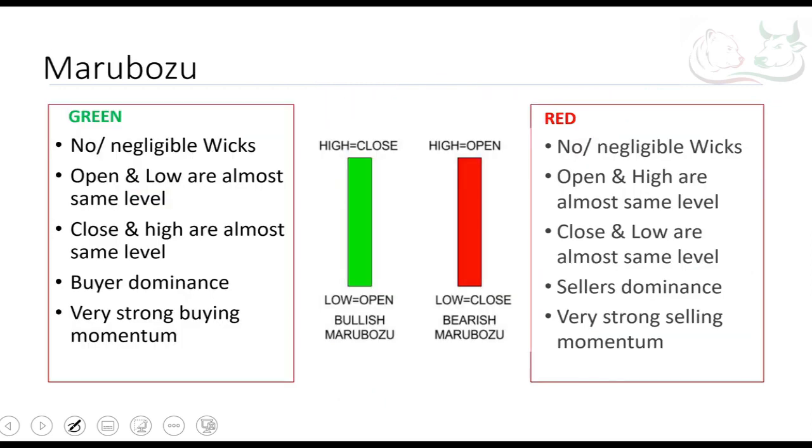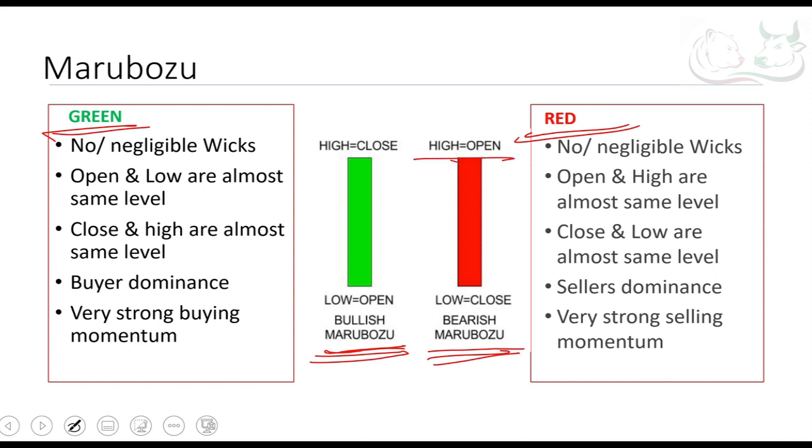So this we have already spoken about, though it's a very, Marubozu. Sorry, my pronunciation for this is always not the best. So again, as I said, green and red is nothing but the relation of open and close price.